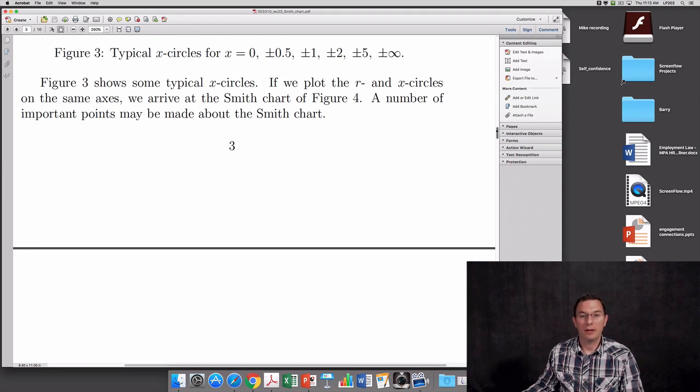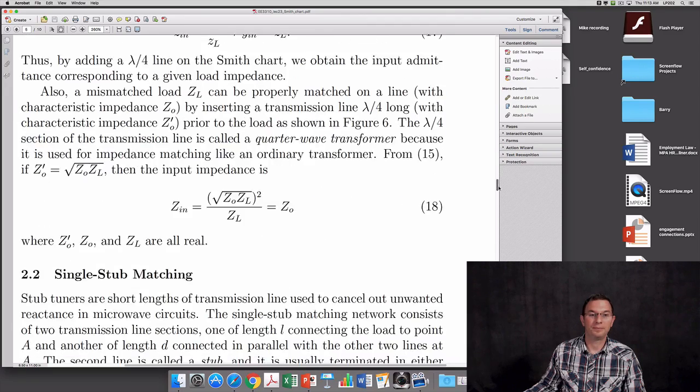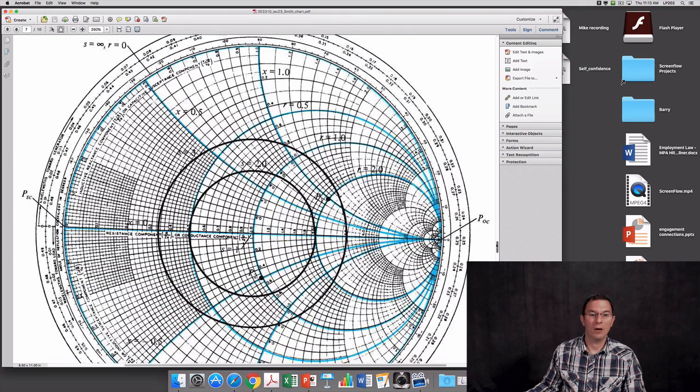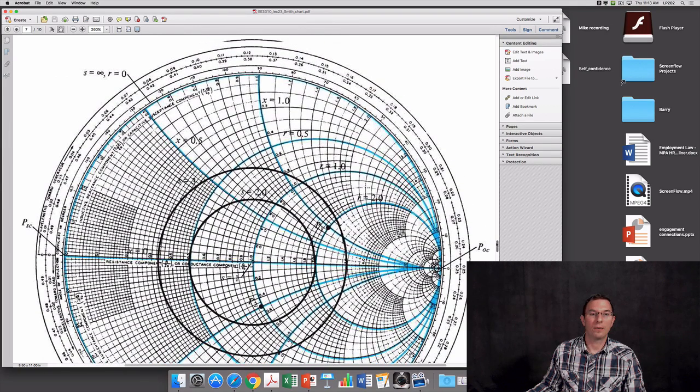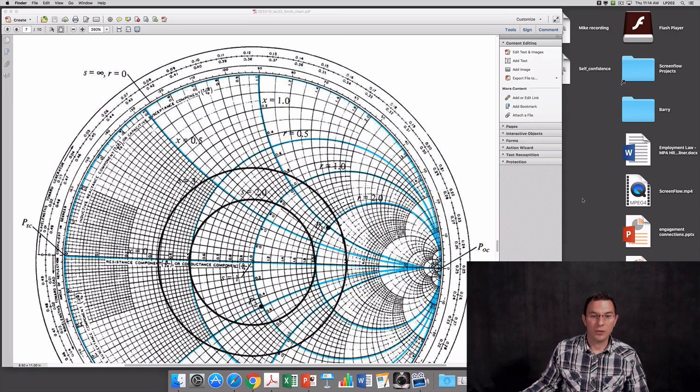Now, if we plot the r and x circles on the same set of axes, we arrive at the Smith chart. Let's have a look at the Smith chart in all of its glory here. Okay, here we go. This is in fact the Smith chart. You can see that we've got all of these different r circles on here.